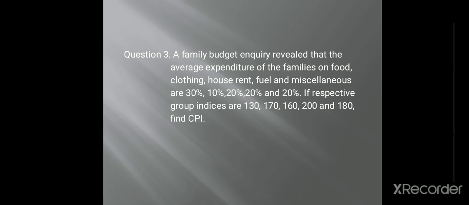These two concepts will be discussed in regular classes when the college reopens. And I am repeating, from next session onwards, we are starting with vital statistics chapter, and it will be started by Padmalata ma'am. Thank you.